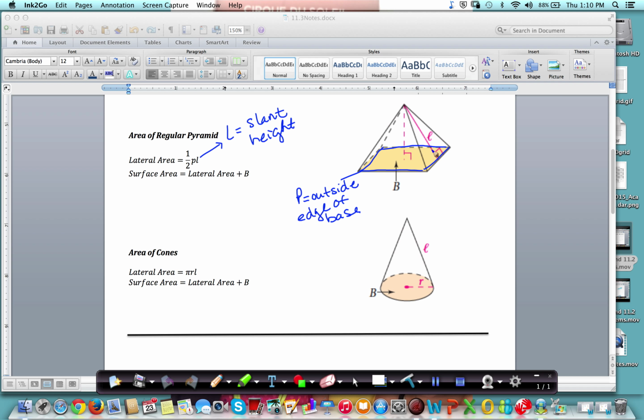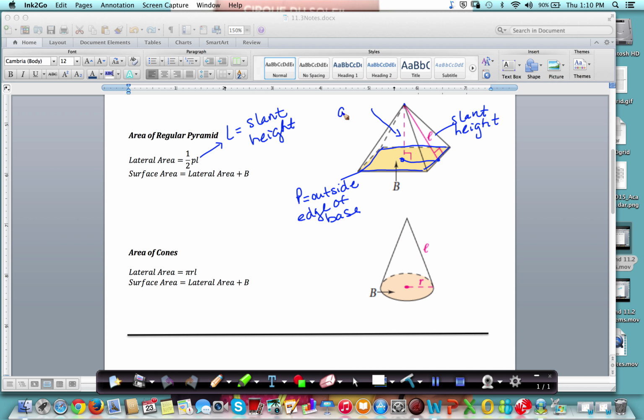So the L, you can see, comes from the very top, and it's like you're sliding down the side of the pyramid, and then you're forming a right angle with the base. So that's your slant, and you'll need that for your formula. And then, of course, the other piece, this right angle that goes to the side from the center of the base to the side of the base, you can see it forms a triangle here.